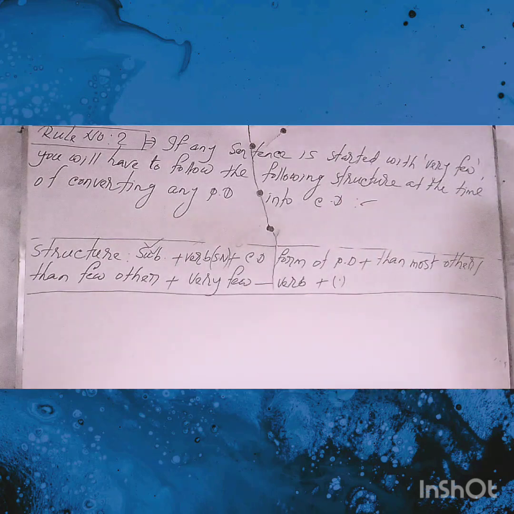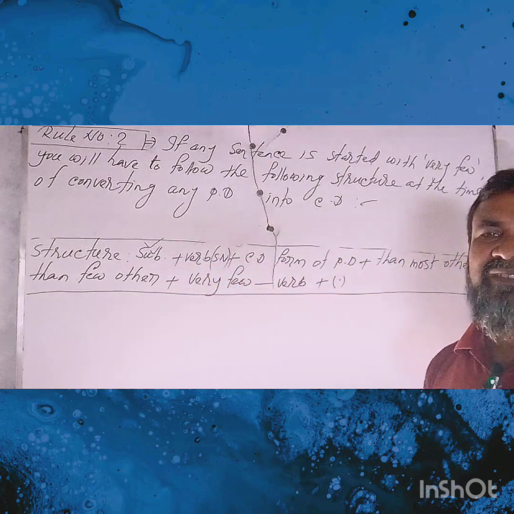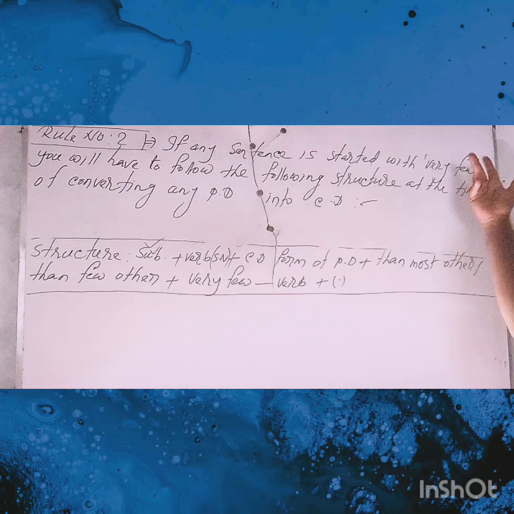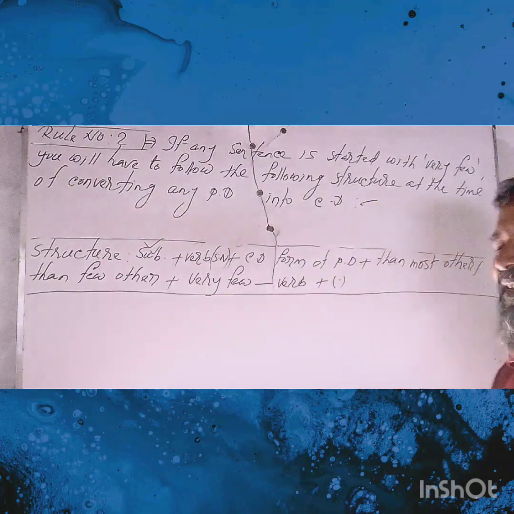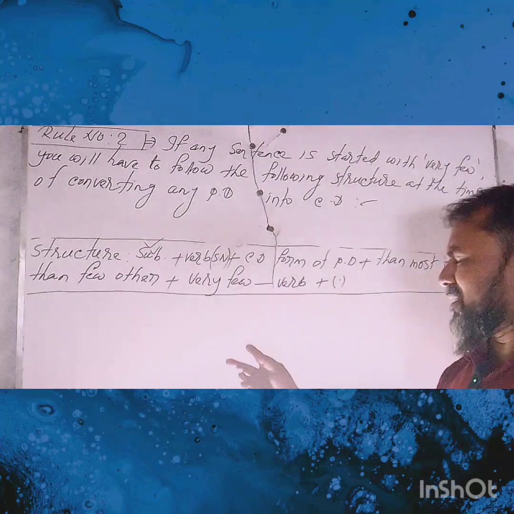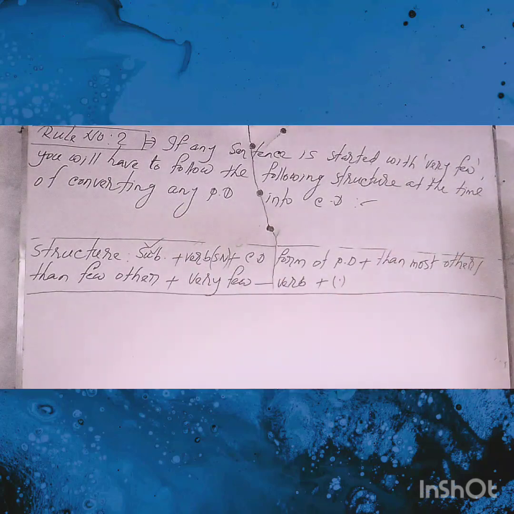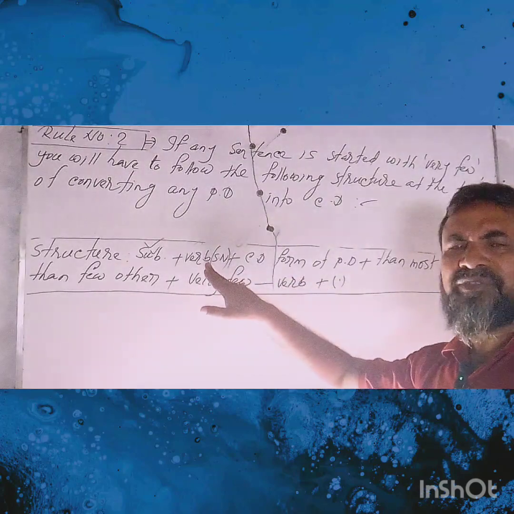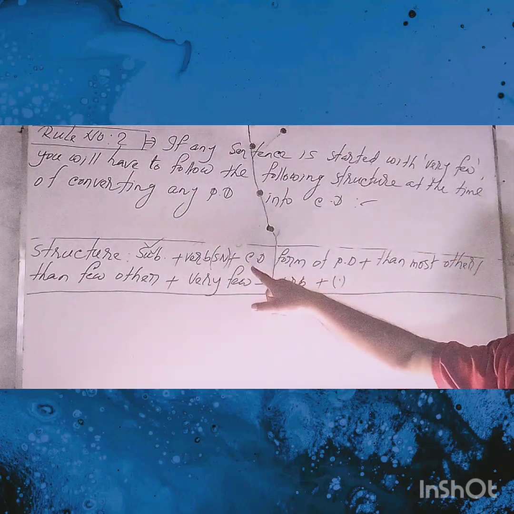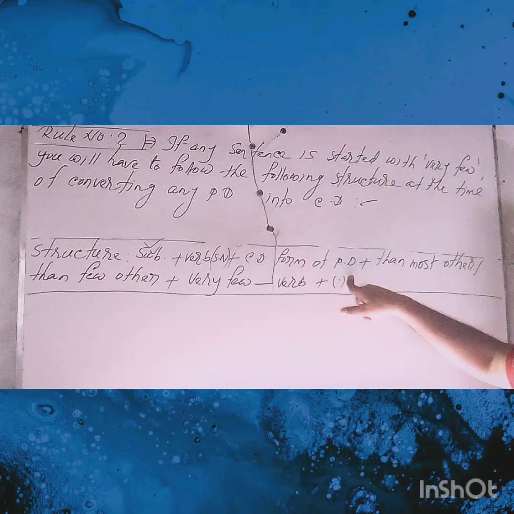Okay, media learners. If any positive degree starts with "very few", you will have to follow the structure. What structure pattern? Number one, write down the subject from the statement. Number two, write down the singular form of the verb. Then write down the CD form of the PD form from the statement.